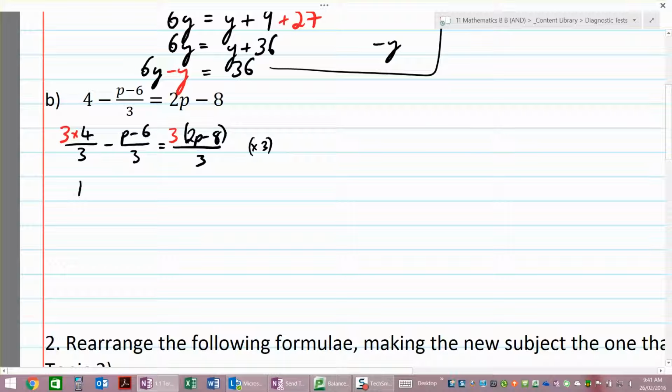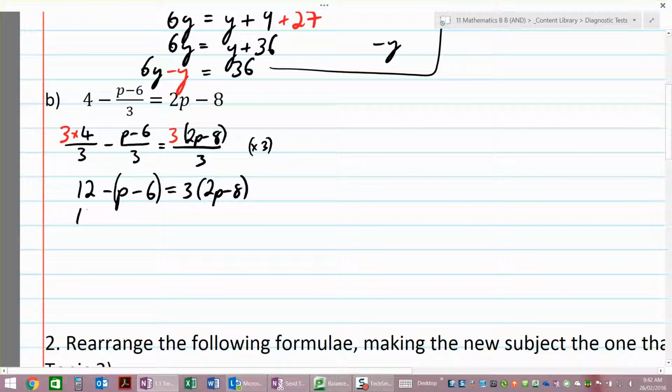So 3 times 4 is 12 minus, I'm subtracting p minus 6. I can't write this because this is only subtracting p. I want to subtract both of them. So I need to show that they're in brackets because I'm subtracting both of them. That was the common error in this question.